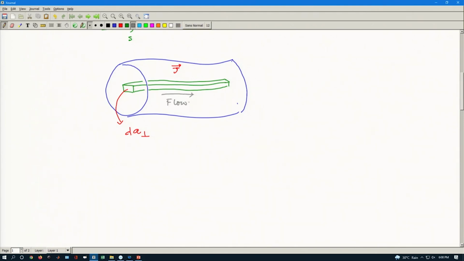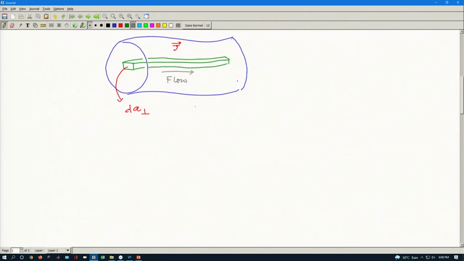So, J here is simply dI by dA perpendicular. Okay.